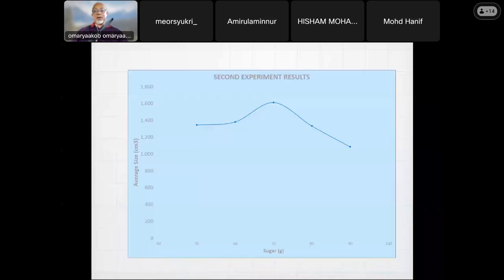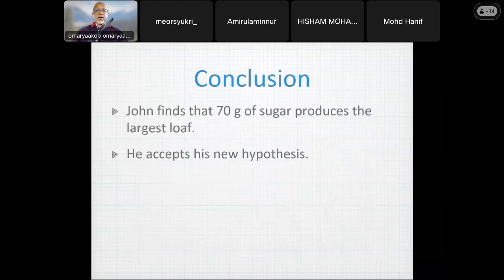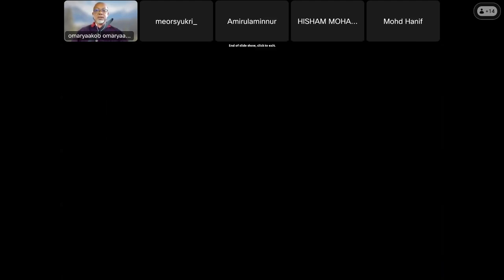The peak is at 70. If you plot the graph, you know that it is already 70, not 75 or 65. So 70 is already good, and that's the result. So, conclusion: 70 gram produces the largest loaf. He accepts his new hypothesis.